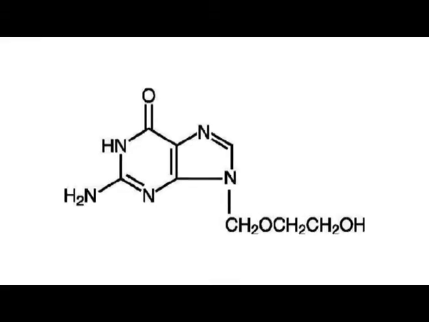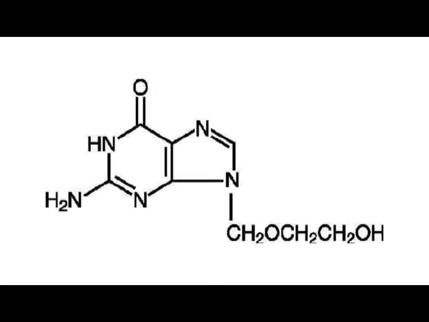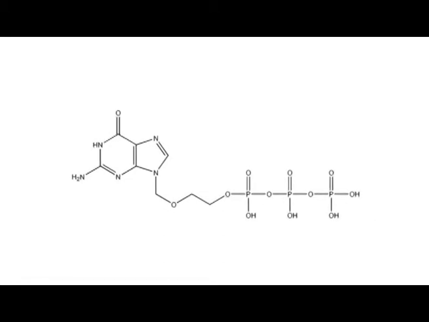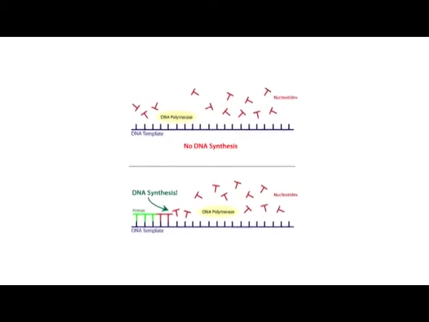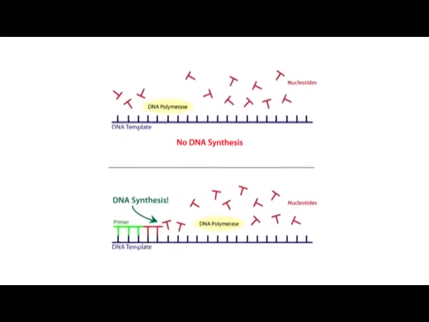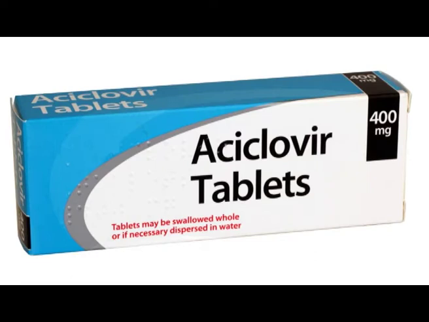Acyclovir monophosphate is further converted to di- and triphosphates. It is the acyclovir triphosphate that inhibits viral DNA polymerase, terminating the nucleotide chain. It is 30 times more potent against the herpes virus enzyme than the host enzyme.